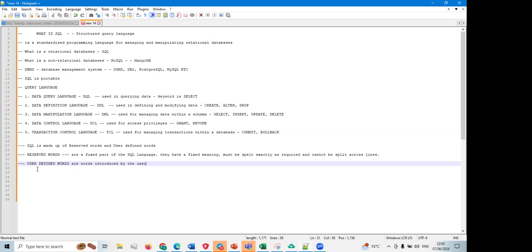It's just the same way that database schemas are represented in a relational database. We have the rows, we have the columns, right? The columns form what we call the fields. So these user-defined words which are introduced by the user are usually the names of the columns or the fields in the schema or in the database.